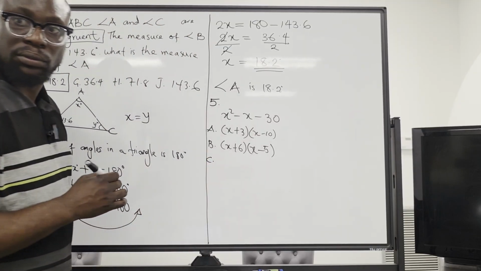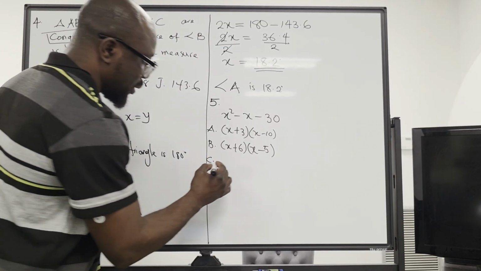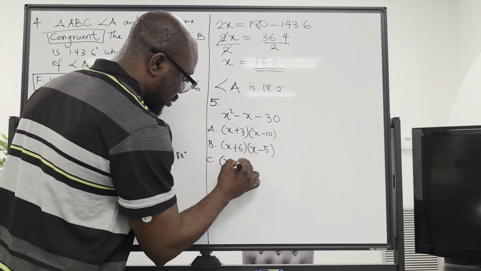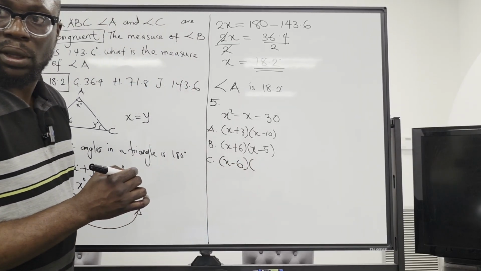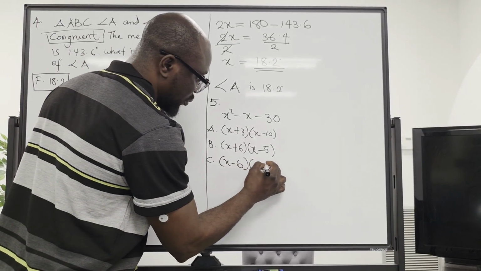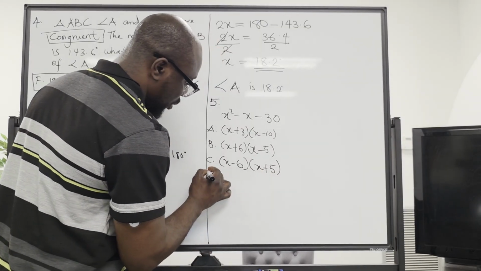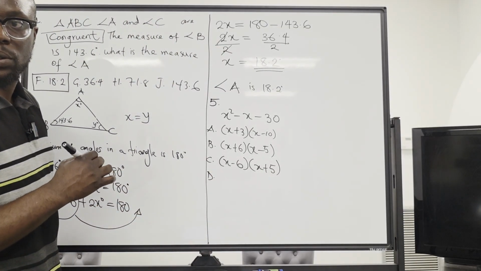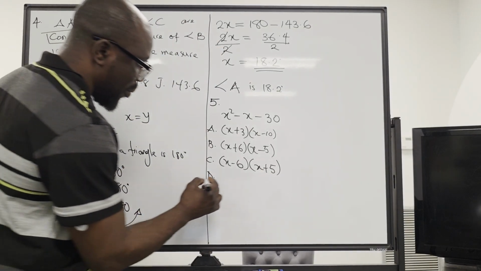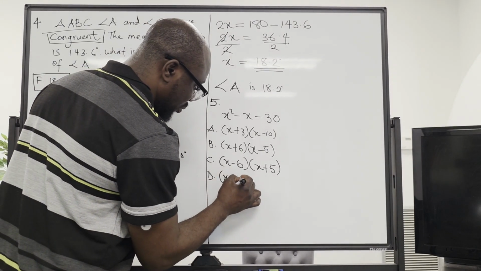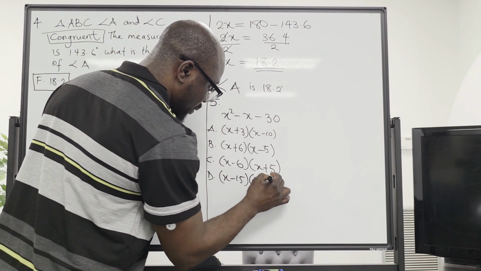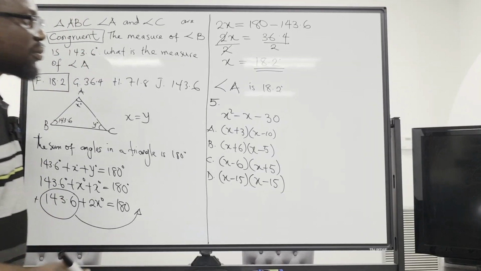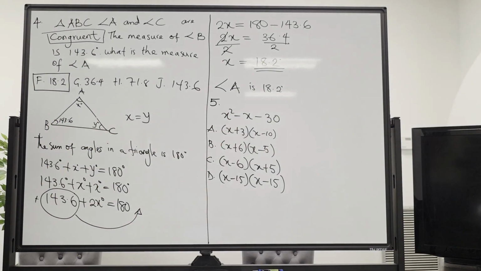Option C is x minus 6, x plus 5. And option D is x minus 15, x minus 15.